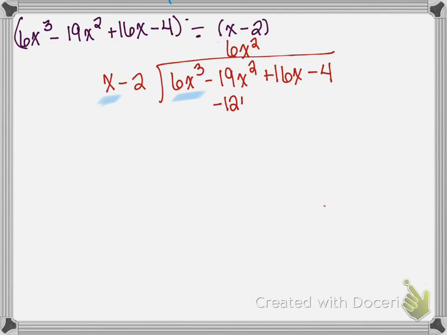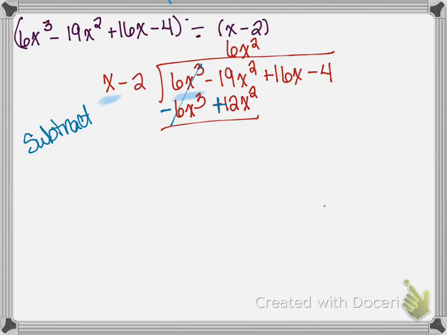So that's going to give me negative 12x squared. 6x squared times x gives me 6x to the third. But remember, what am I doing? I'm subtracting. Don't forget that. We are subtracting. Okay, so I have minus. Okay, and since I've got a negative with the 12, that becomes a plus. This cancels, which is what we want it to do.